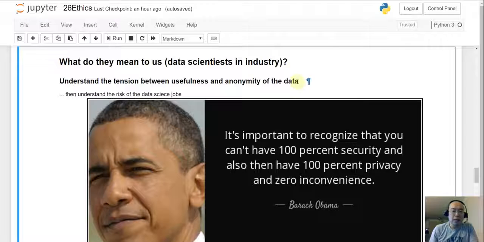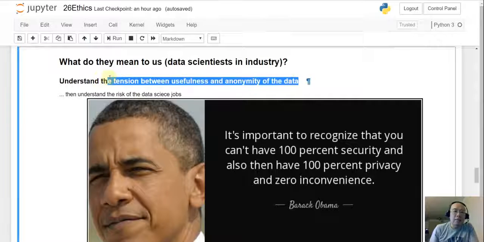The point I want to make is, if you want really useful data and you also want to be really safe, usually if the data is not generated by a person, it might be possible. For example, weather data can be useful and yet safe.